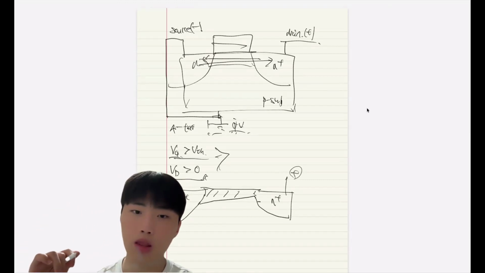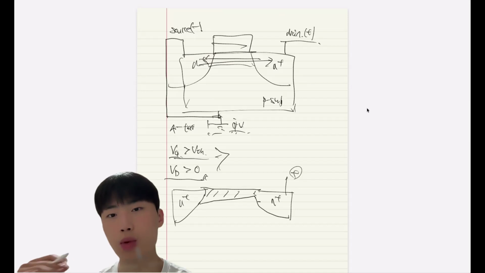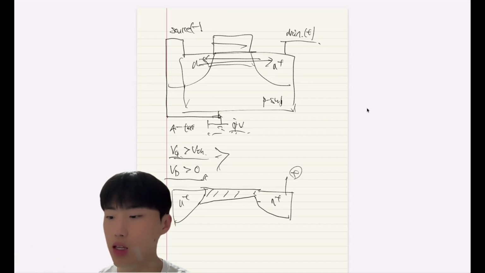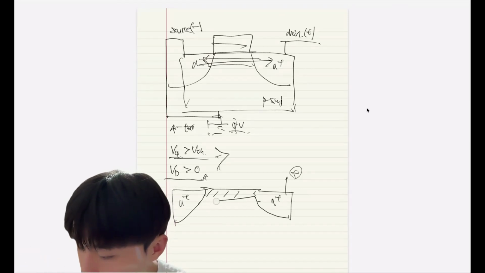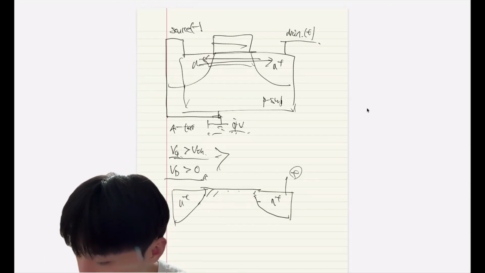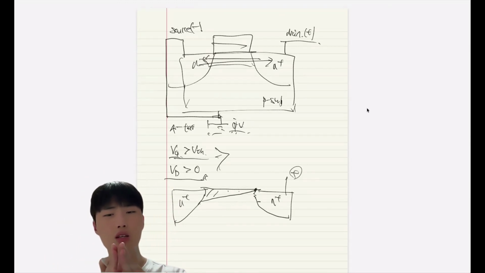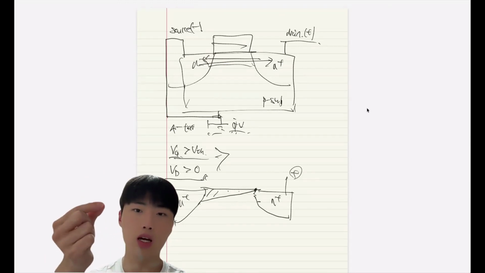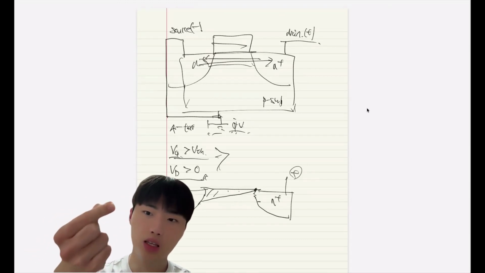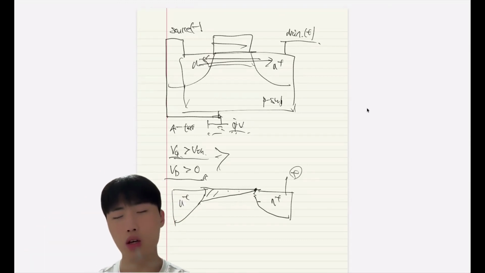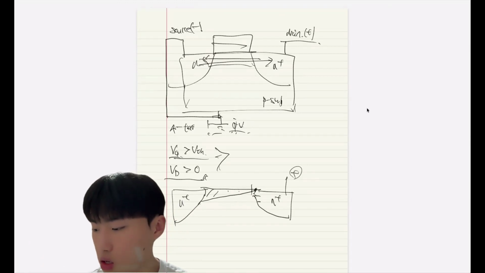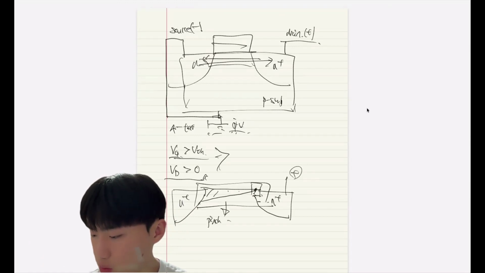And when there is too much bias on the drain side, the channel changes like this, and this part is like we are pinching it. So we call this condition pinch off.